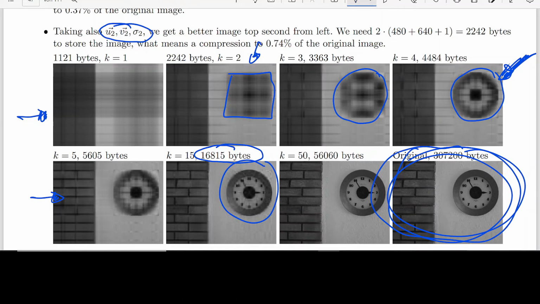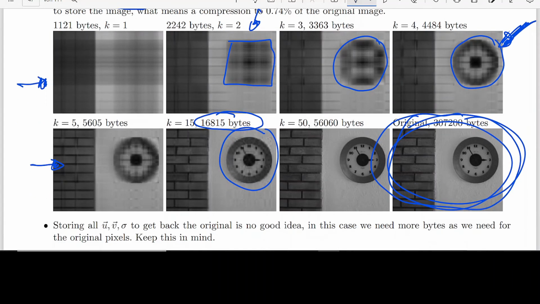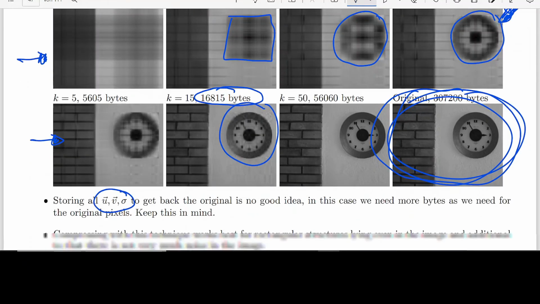So we get a compressed version if we want to compress using that singular value decomposition. If we store all the u and v vectors, then we also get the image, but then we did not compress, but then we inflated the information, so we need double the information more or less. So that would be not a good idea.